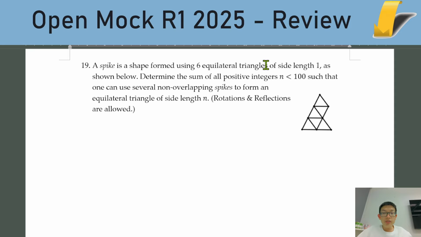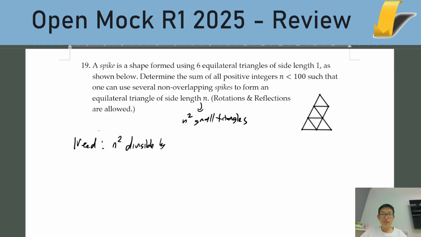Now, an equilateral triangle of side length n, we can talk about the pattern, which is very simple. The number of triangles in this is just n squared small triangles. That can be found by pattern, that can be found by similar triangles. Whatever it is, the obvious condition is that you need n squared to be a multiple of 6, which means that n is divisible by 6.